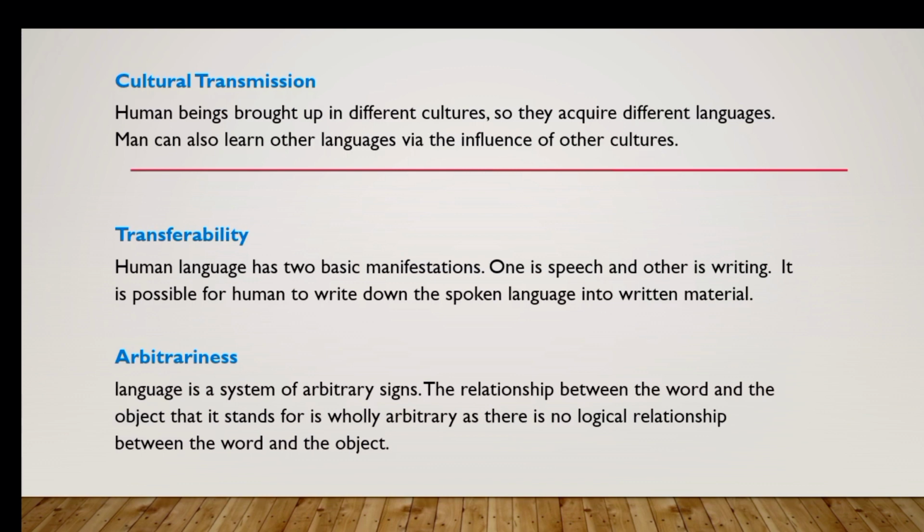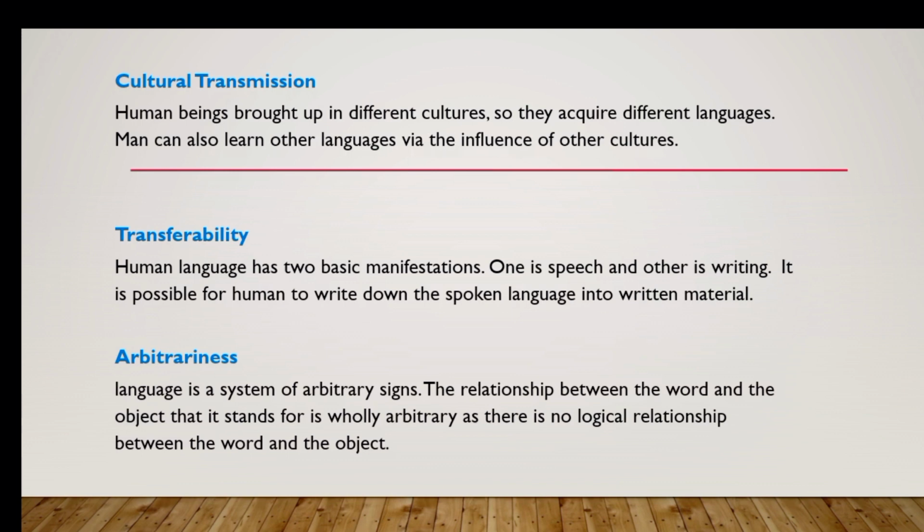We know that human language has two basic manifestations. Number one is speech, number two is writing, and it is the ability of human beings that whatever he speaks, he can write down also. It is very possible for human beings.